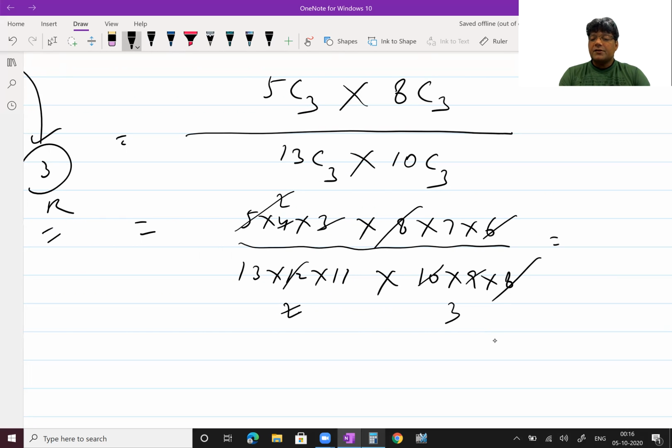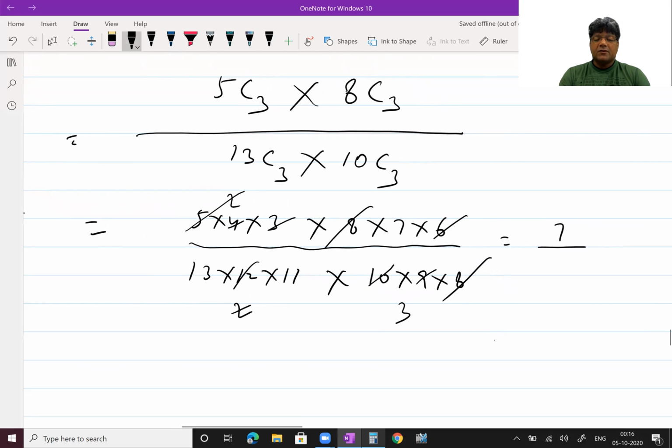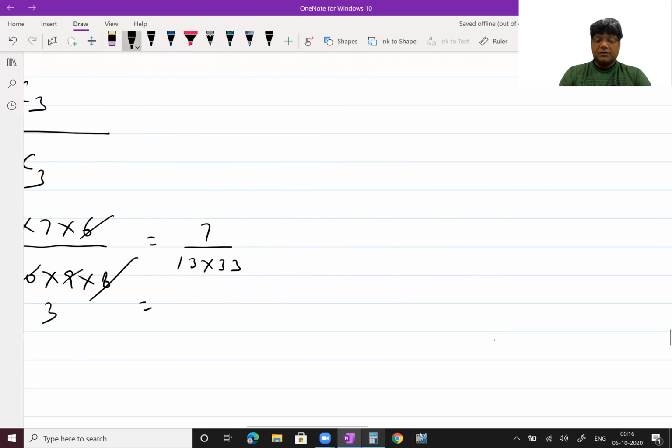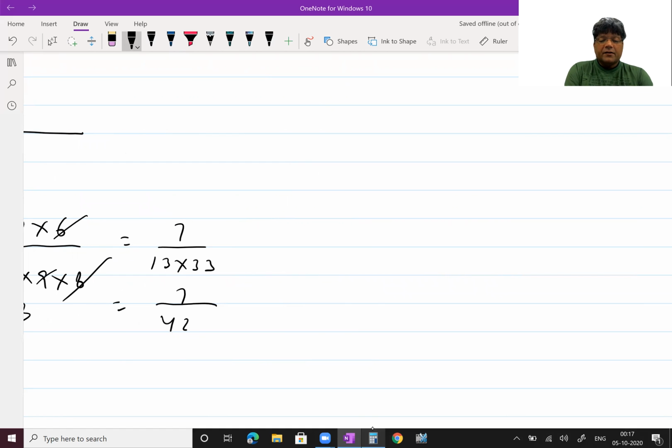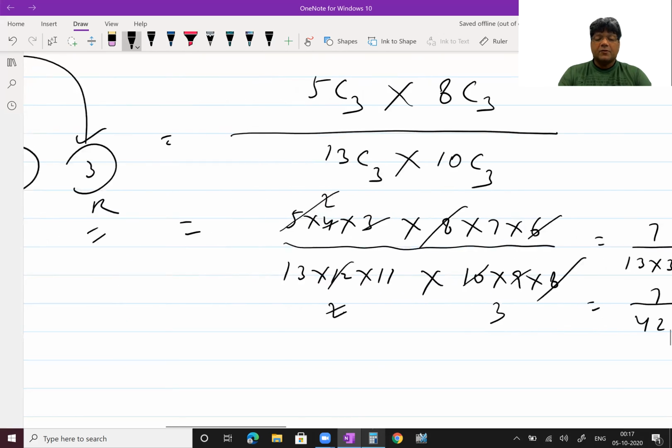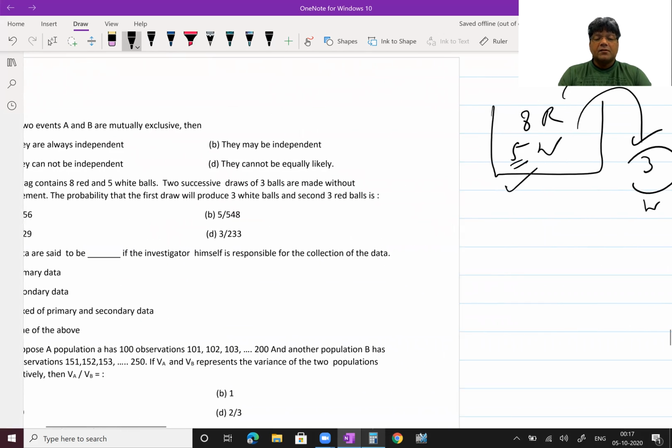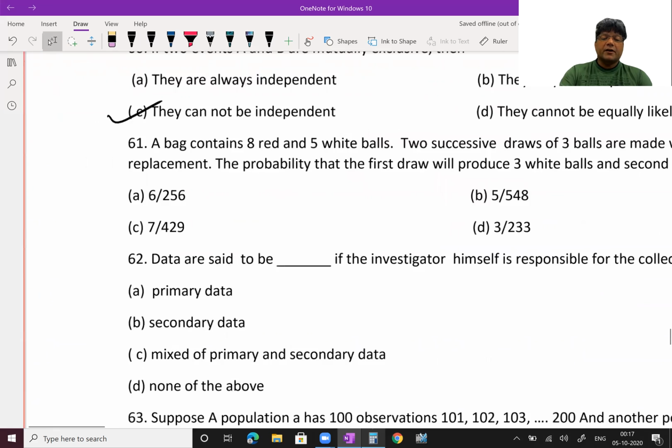So the numerator is left with only 7 and the denominator is 13 into 11 into 3, that is 13 into 33, which is equal to 429. So 7 divided by 429. Any option? 7 divided by 429, option C.